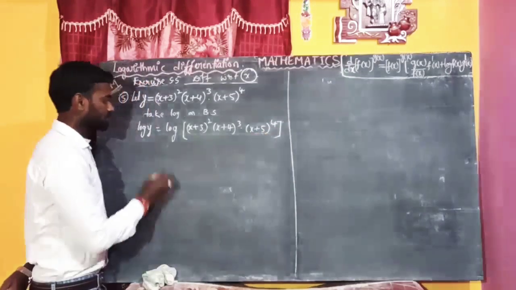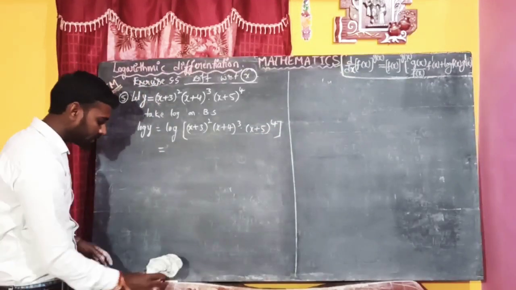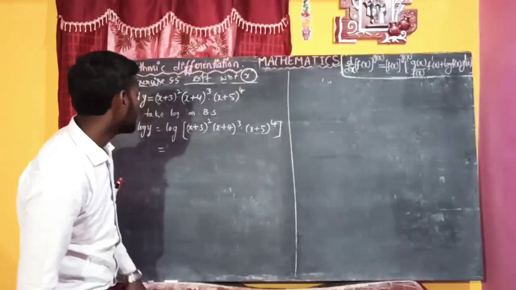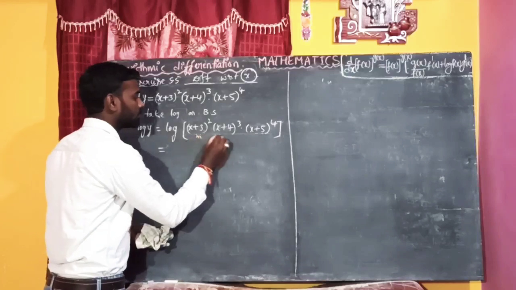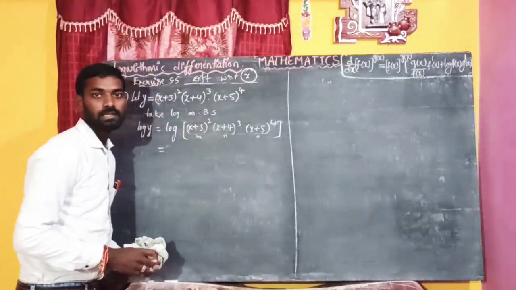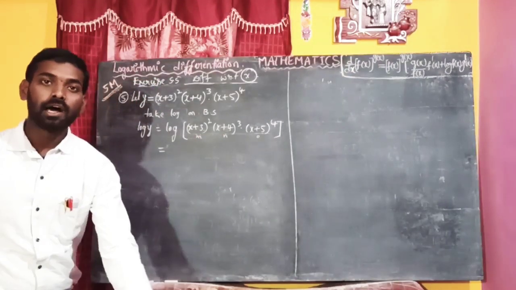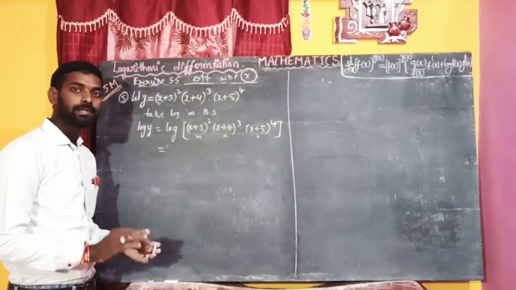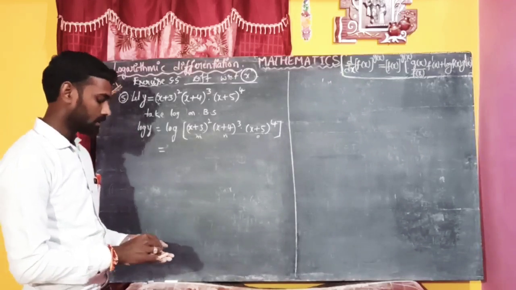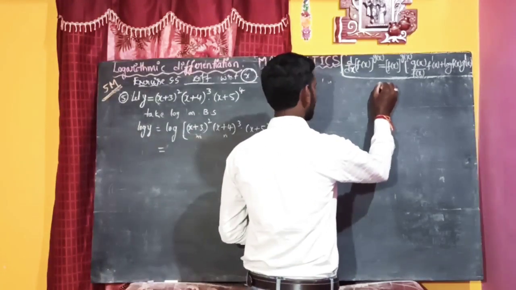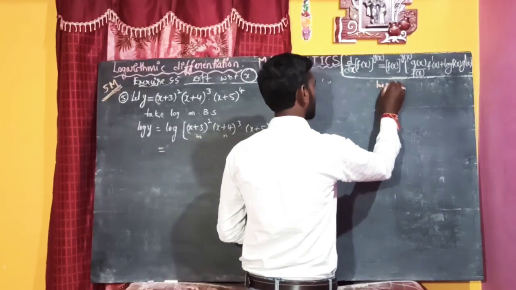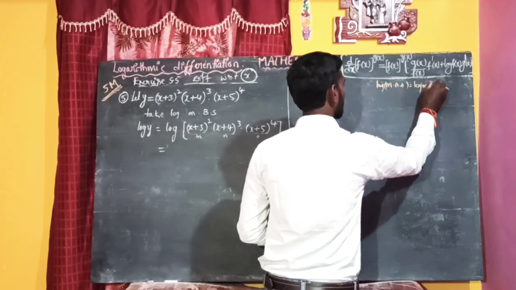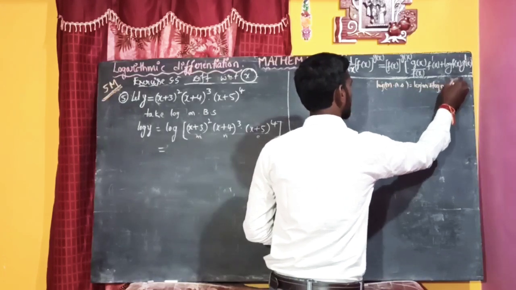Now observe, guys. The above equation is of the form log m n o. Log m into n can be written as log m plus log n. Log m into n into o can be written as log m plus log n plus log o.